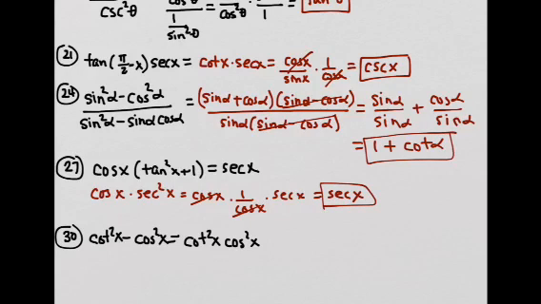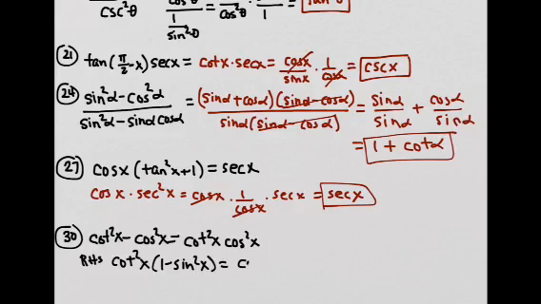Alright, so I'm going to work on the right side to make it look like the left. So I'll put on the right hand side. I'm going to replace cosine squared x with 1 minus sine squared x. Then distribute.